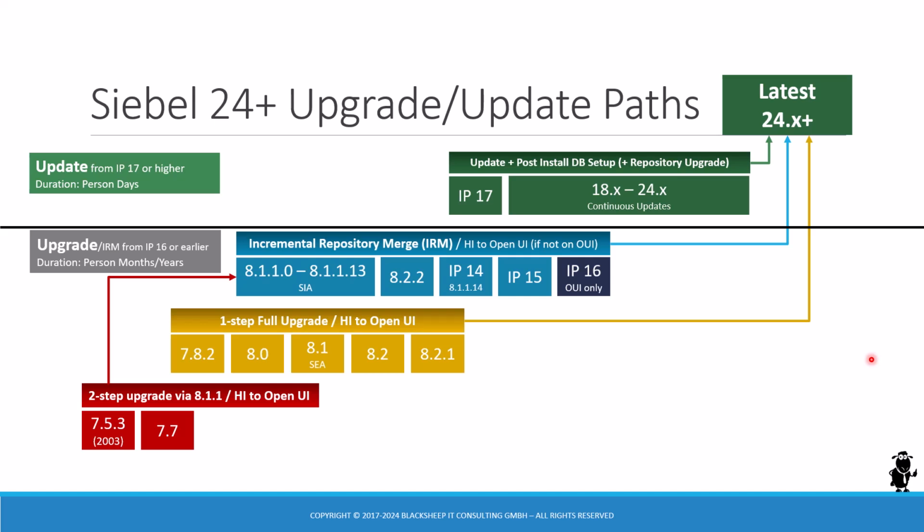We have plenty of videos on the Siebel Hub YouTube channel which explain in great detail how these updates work. And the good news about these updates is that they are measured in person days. So it's just a few person days away from the latest and greatest Siebel release.